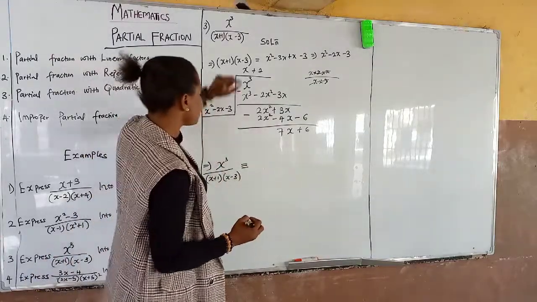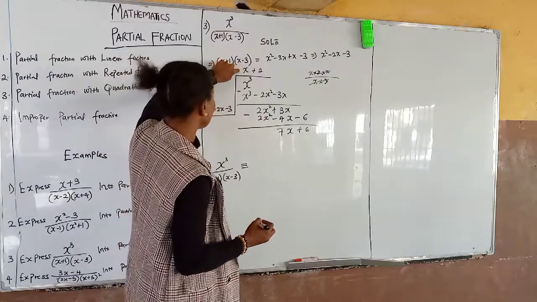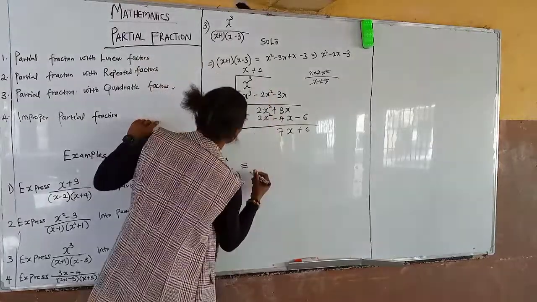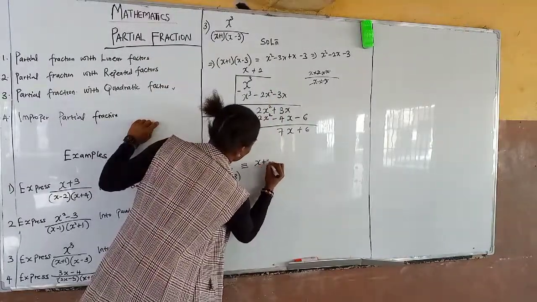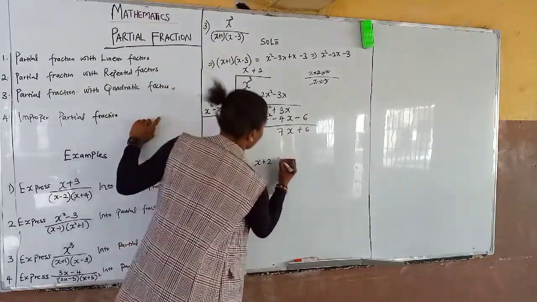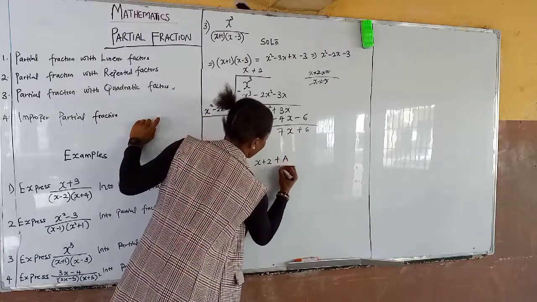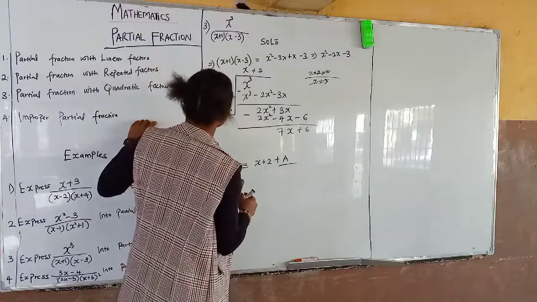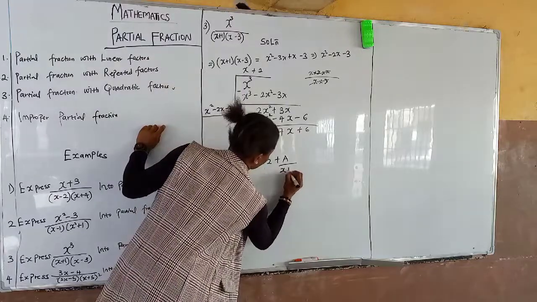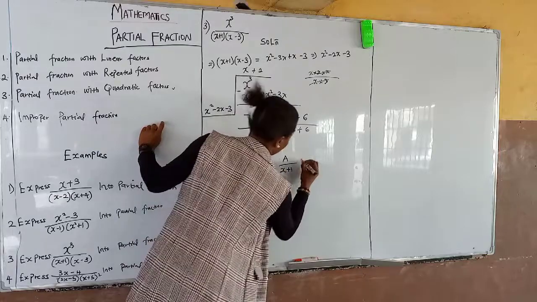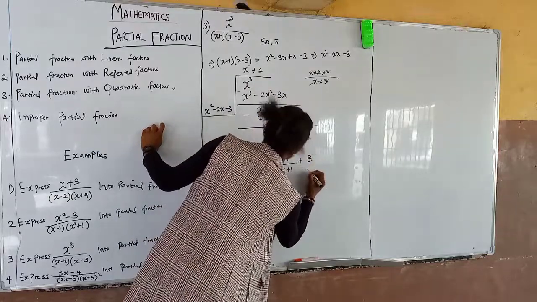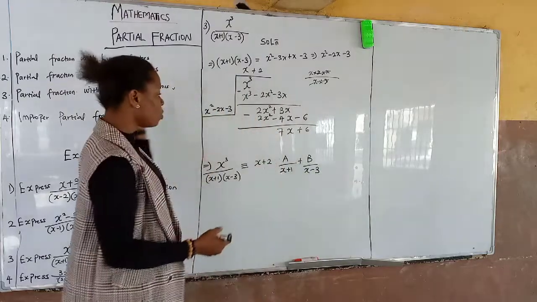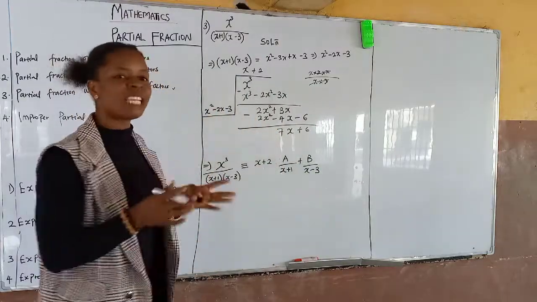You bring down the first answer, what you have as the quotient, this is your remainder, this is your quotient, so that you have x plus 2 plus A all over x plus 1, plus B all over x minus 3.